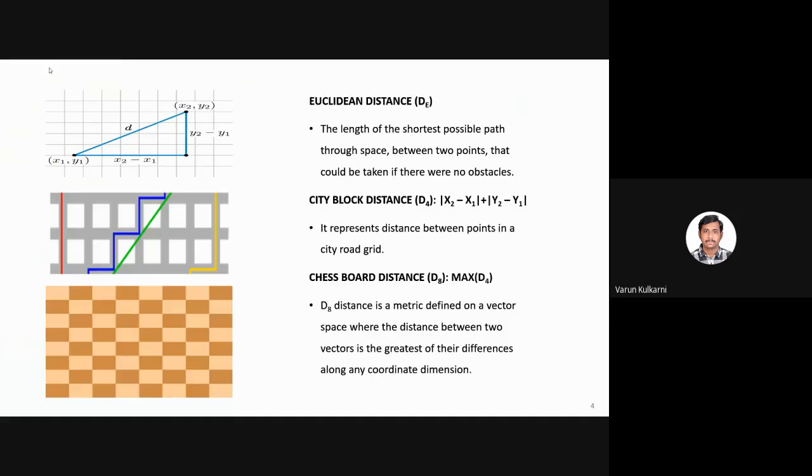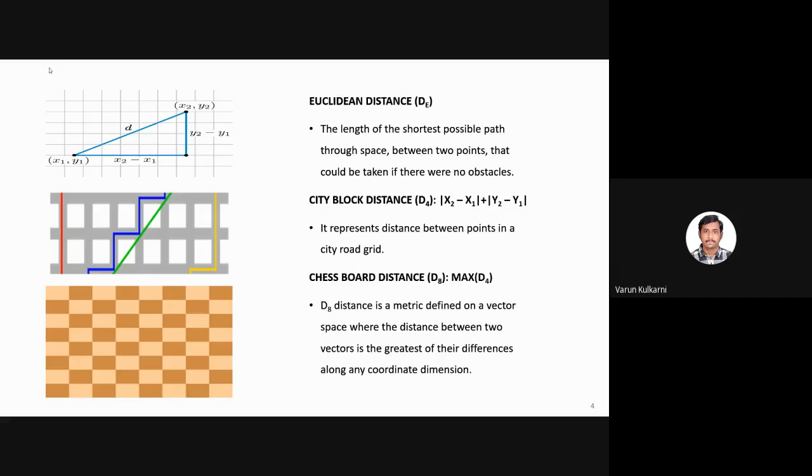Now coming to distance calculation, there are many ways to calculate distance. Some of them are Euclidean distance, city block distance, and chessboard distance. Euclidean distance is the shortest path between 2 points, mainly derived from Pythagoras theorem, where d is denoting AC.